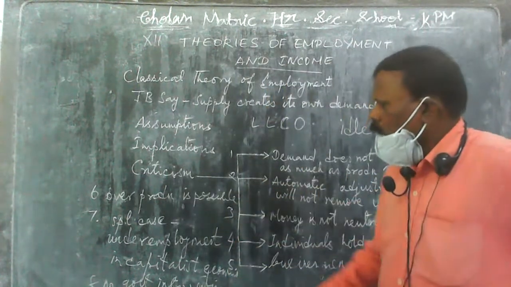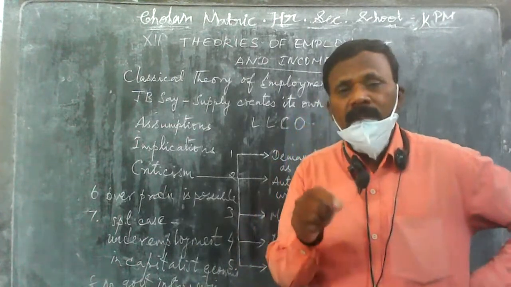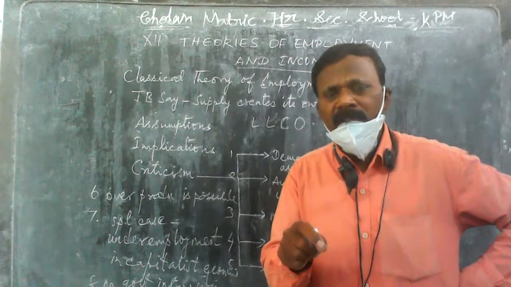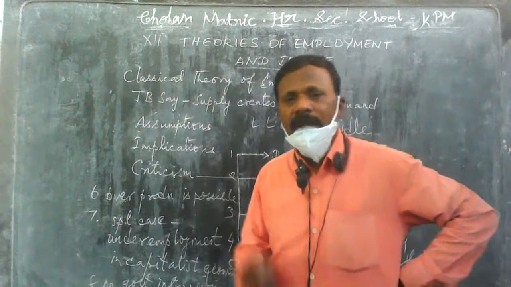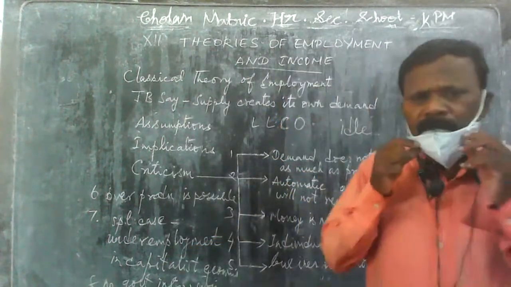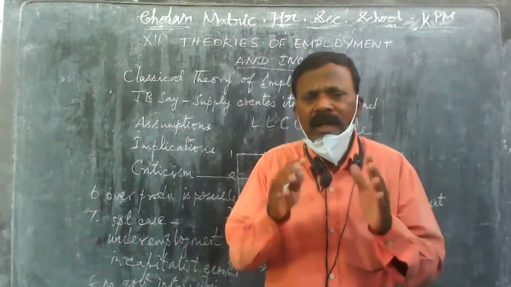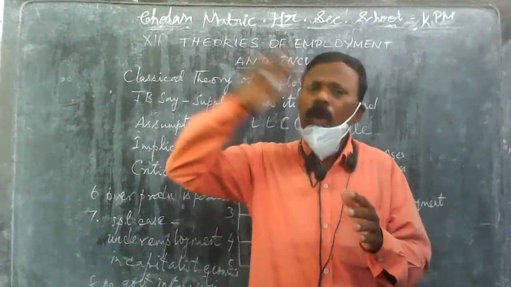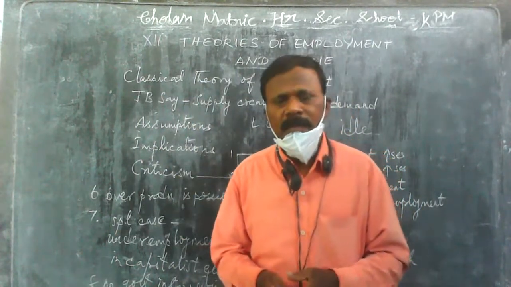Now, that's why James Keynes considered full employment as a special case, because underemployment is found in a capitalist economy. Then the last one is the need for government intervention, which arises in the case of overproduction or mass unemployment.